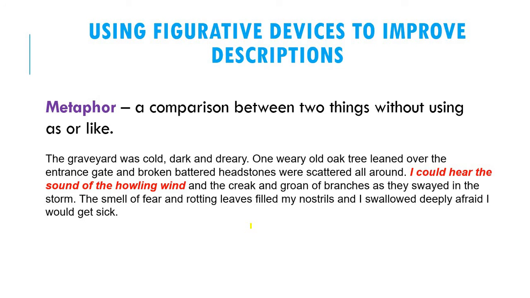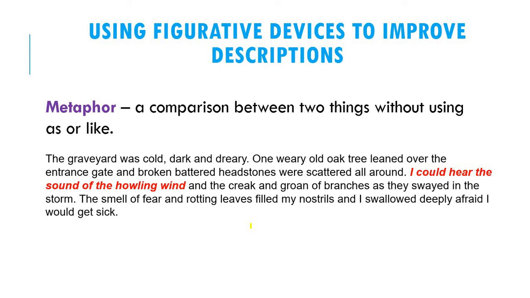Now, what is the writer trying to say when he or she says, the wind howls? It is howling. Is the writer trying to say that it's very windy? Is the writer trying to say it was loud?